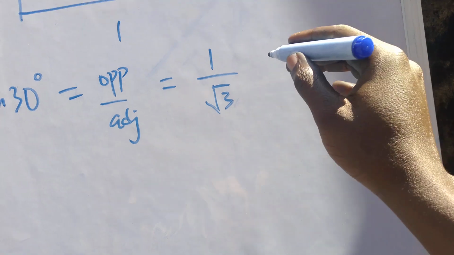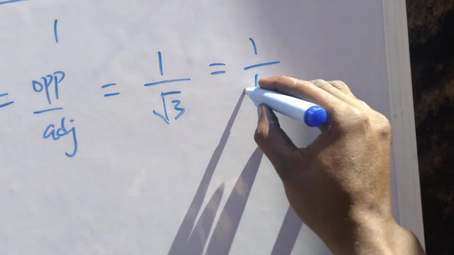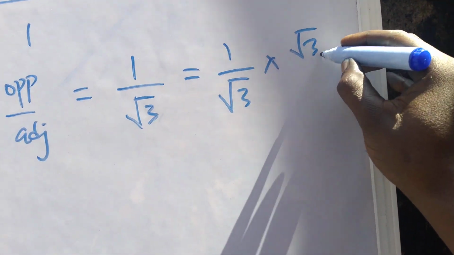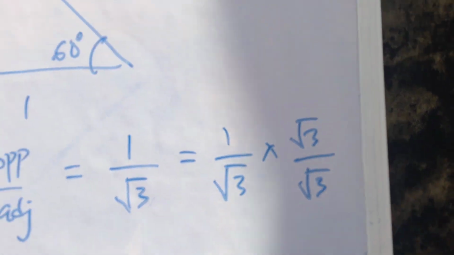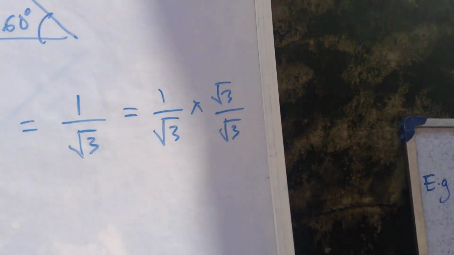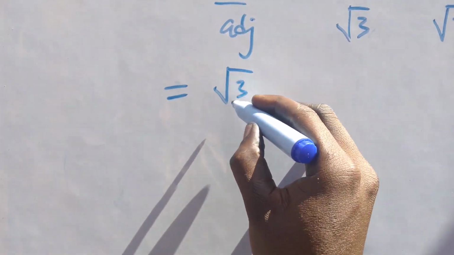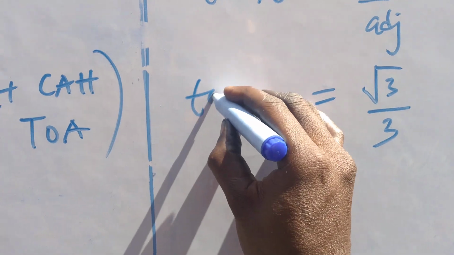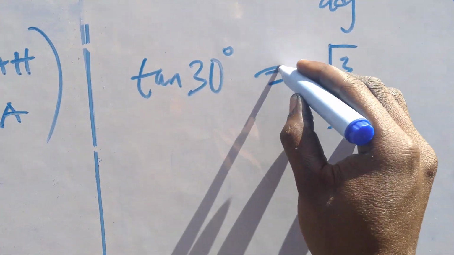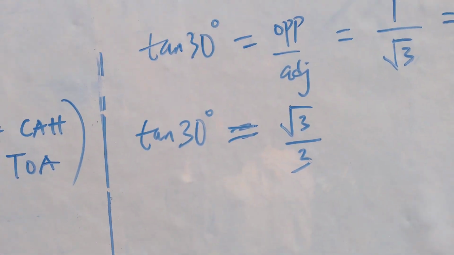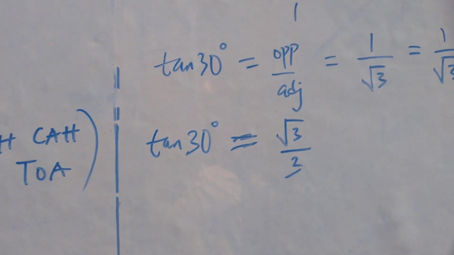If I rationalize it, I'll have 1 over root 3 times root 3 over root 3. 1 times root 3 will give me root 3. Root 3 times root 3 is 3. So this will be equal to root 3 over 3. Tan 30 degrees is root 3 over 3.